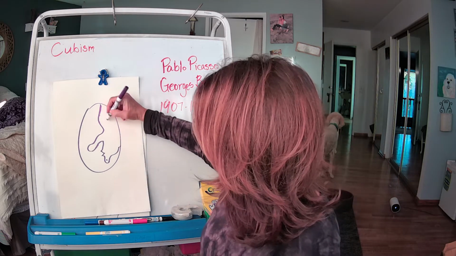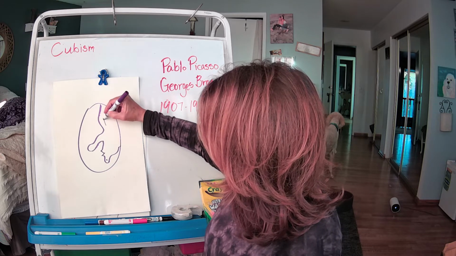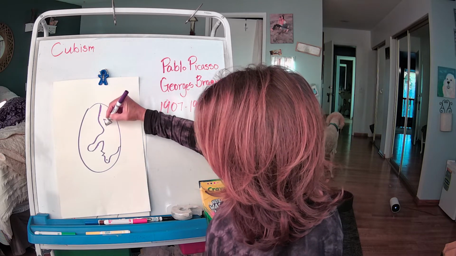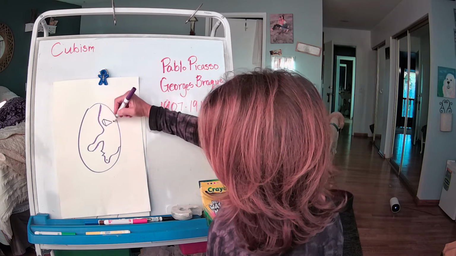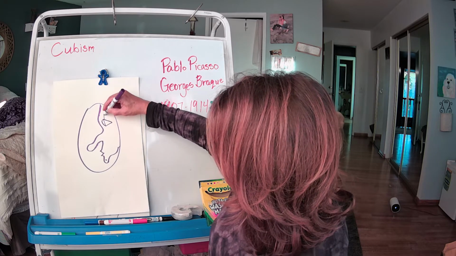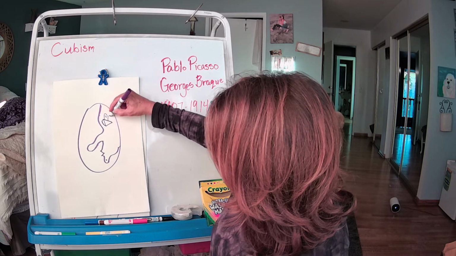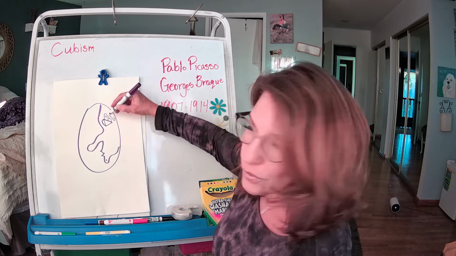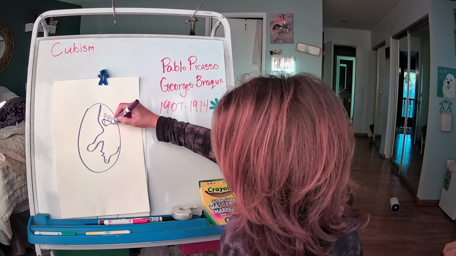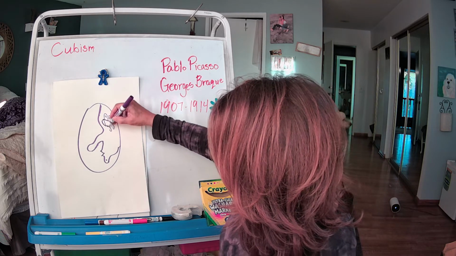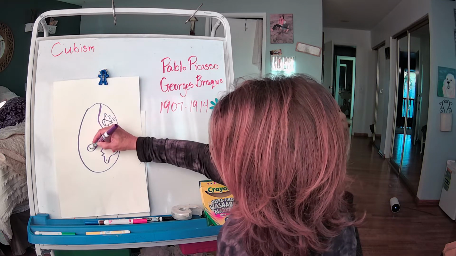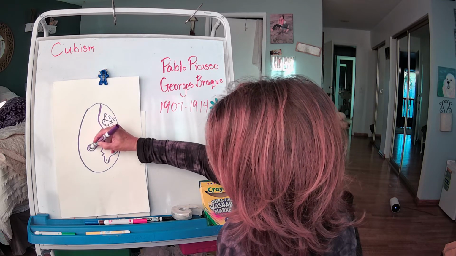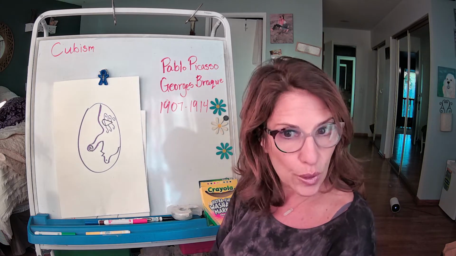So I'm going to do an eye that looks like a triangle, and then I'm going to put an eyeball inside of it. I'm going to use some little squiggly lines for eyelashes. And again, you can do whatever you like because this is going to be yours.